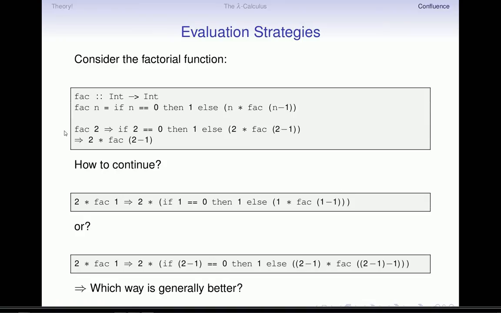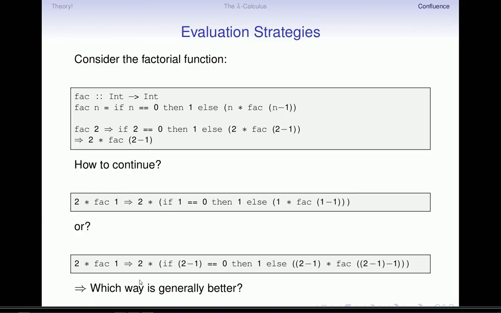An example reduction: fac 2 reduces to if 2 equals 0 then 1, else 2 times fac (2 minus 1), which reduces to 2 times fac (2 minus 1). How could we continue here? We could either continue by going 2 times fac 1, which goes to 2 times if 1 equals 0 then 1, else 1 times fac (1 minus 1).